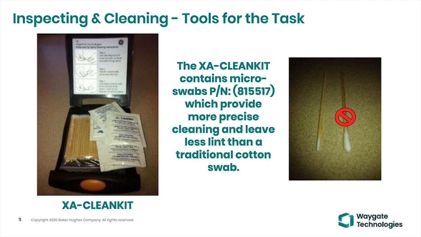So what you want to use are the micro swabs on the left-hand side. They're available in this kit. We don't manufacture these. We just buy them and put them together in a kit. So use alcohol, use micro wipes, whether you get them from us in an XA Clean kit or you get them from a high-end camera store. The bottom line is you want to use the right tool, and you'll see that I'll talk about doing this under magnification here in a moment.